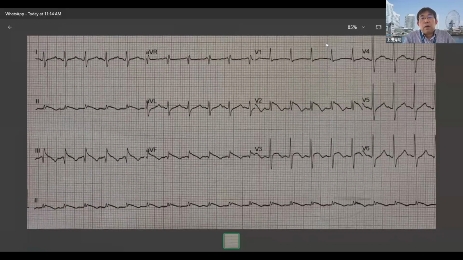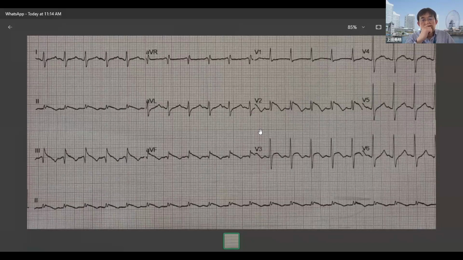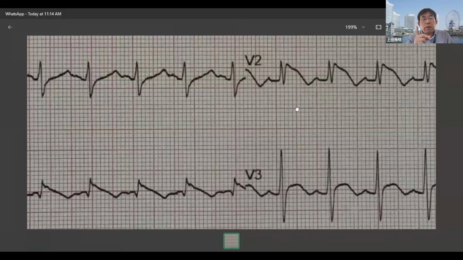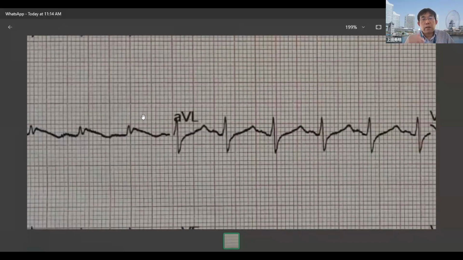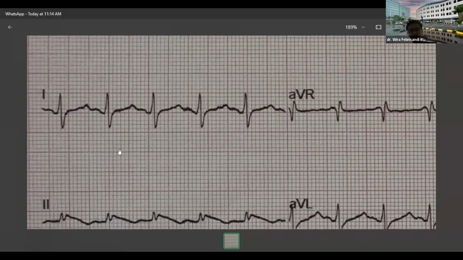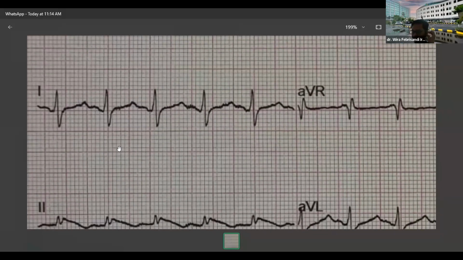And if I check the upper side, as you can see, the QT interval is a little bit prolonged, and also the T wave is low voltage in each lead.